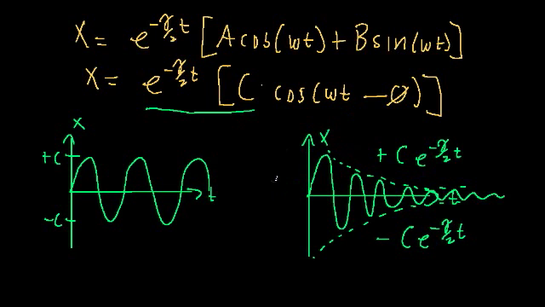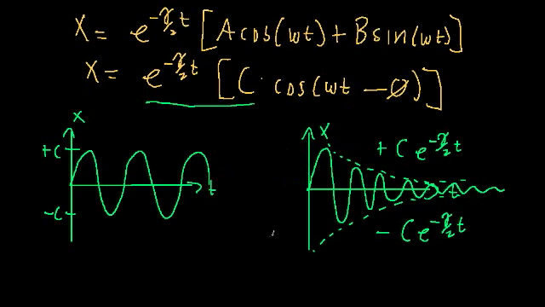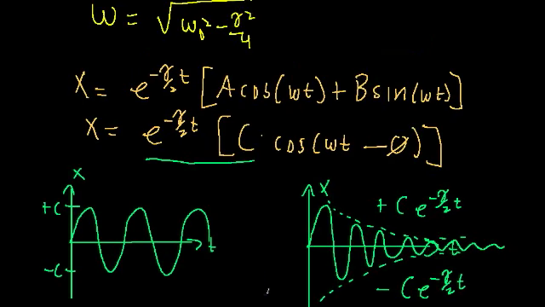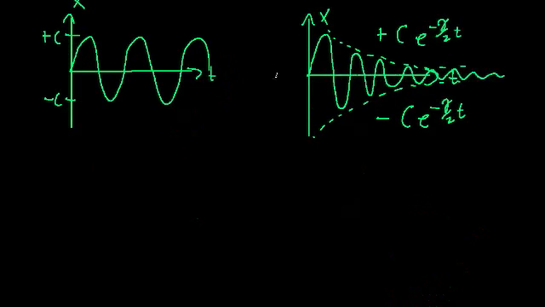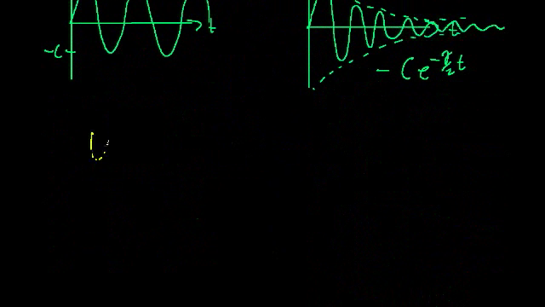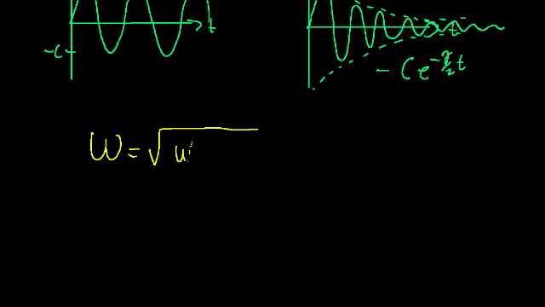Now let's talk about the frequency for a bit and compare that to simple harmonic motion. I have it written up here, but I'm just going to rewrite that we found that omega was equal to the square root of omega naught squared minus gamma squared over 4.